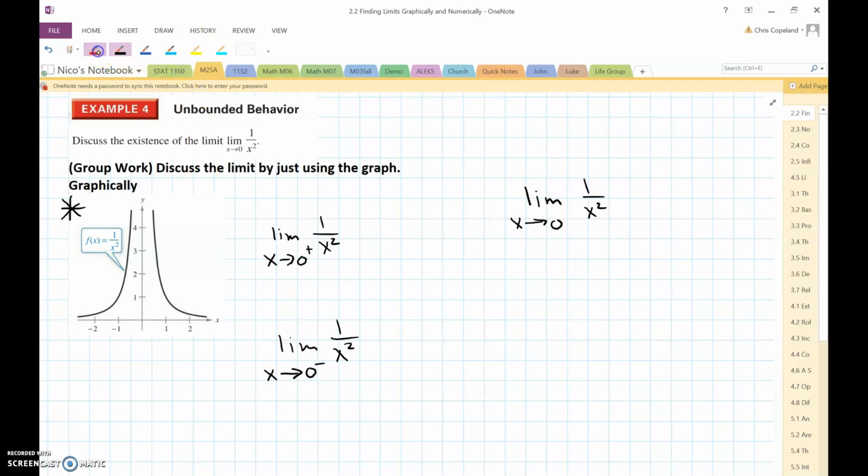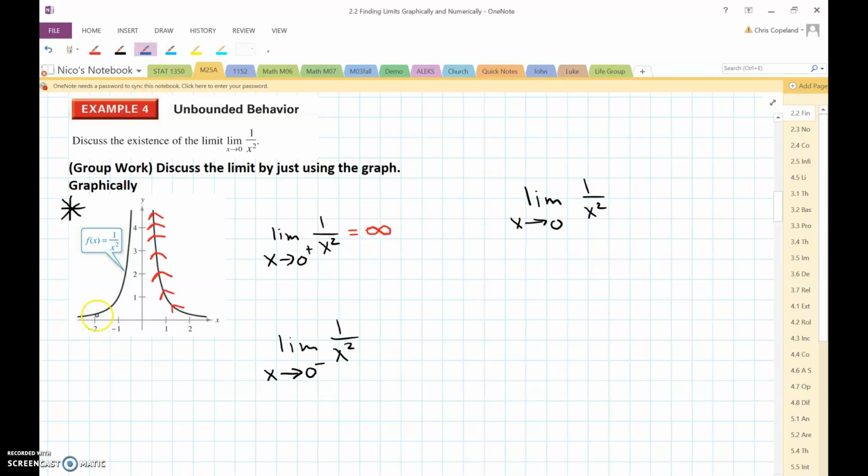So here is x approaches 0 from the right, and you can see that this is going towards infinity. Okay?